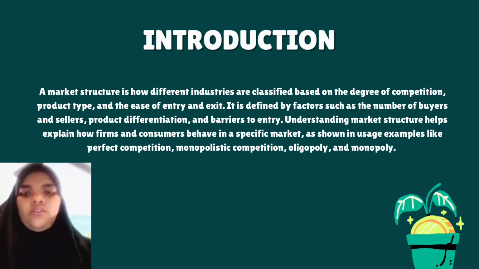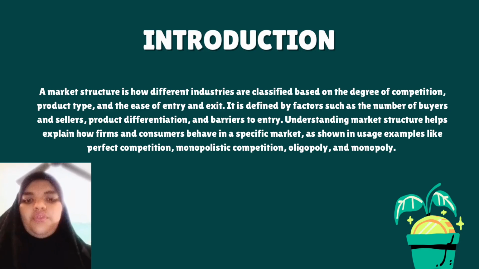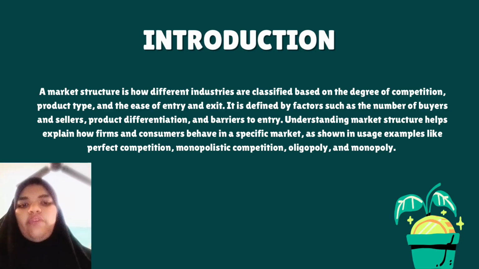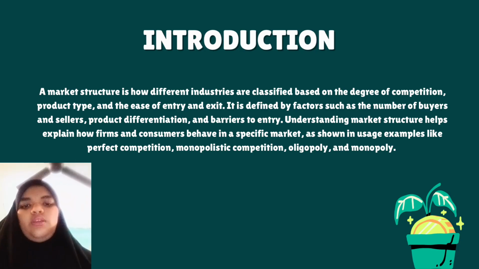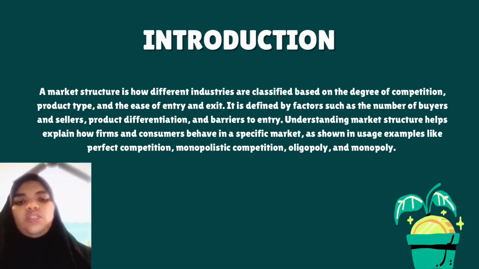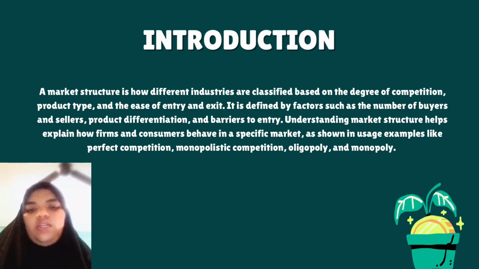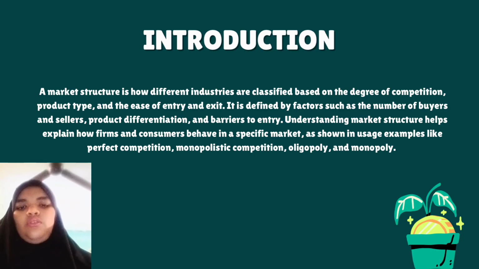Okay, first, the market structure is how different industries are classified based on the degree of competition, product type, and the ease of entry and exit. It is defined by factors such as the number of buyers and sellers, product definition, and barriers to entry.